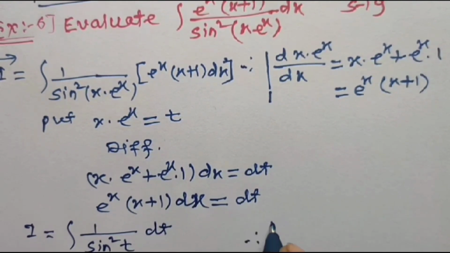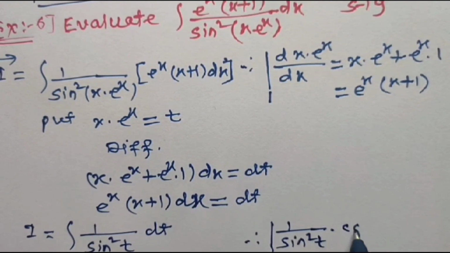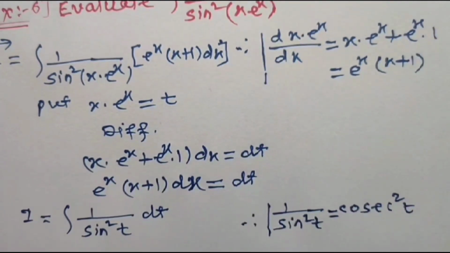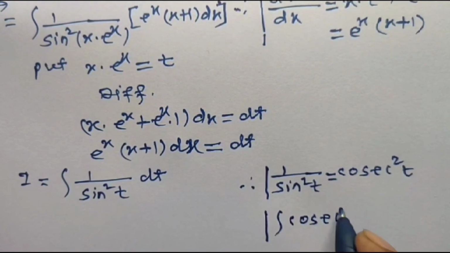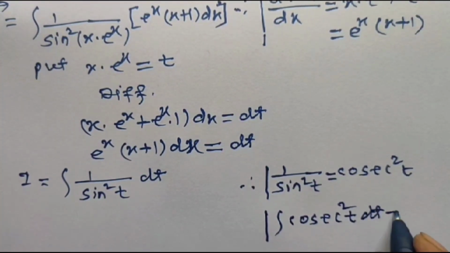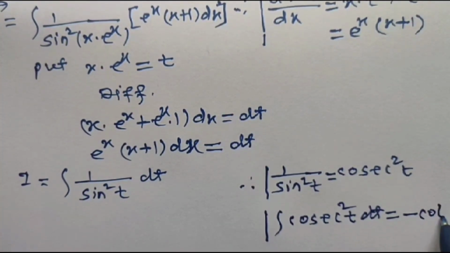But you know the trigonometrical formula, 1 upon sine square t is nothing but cosec square t. This is equal to cosec square t, and the integral of cosec square t with respect to t is minus cot t.